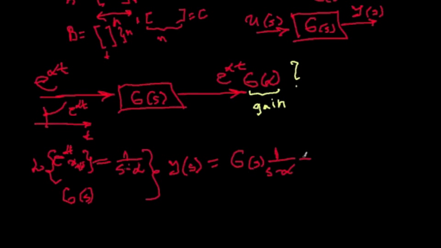Since G(s) is a stable plant, G(s) can be written as N(s) over P(s).